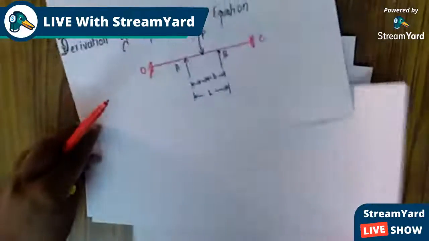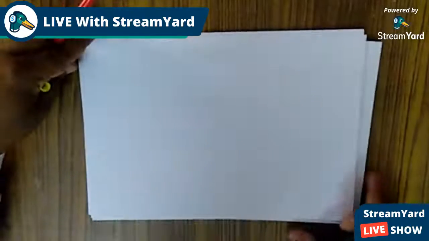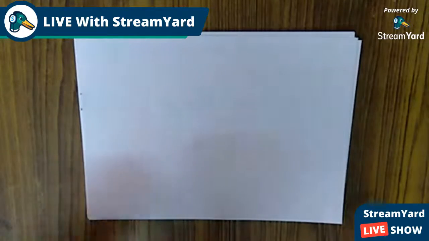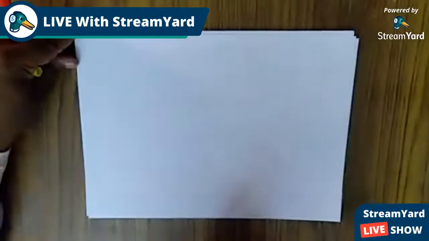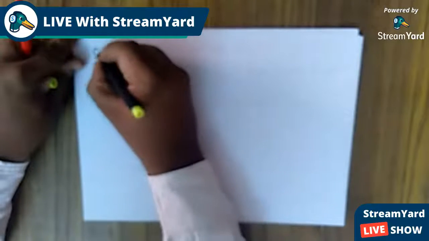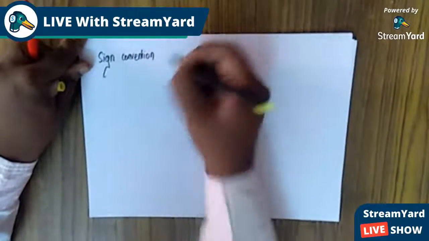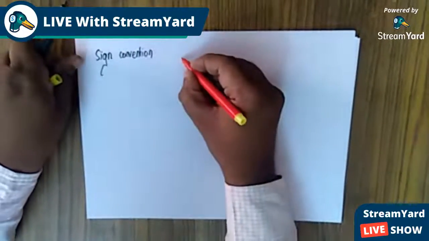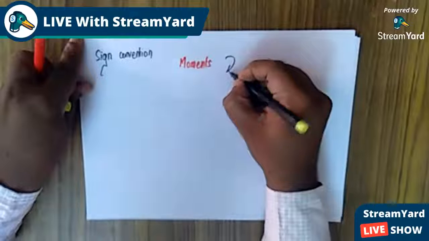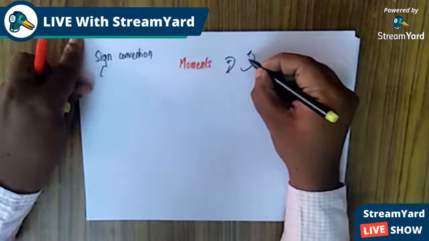Before deriving the slope deflection equation, I am going to give you the sign convention which is followed throughout the slope deflection method. Normally we consider clockwise moments as positive and anti-clockwise moments as negative.